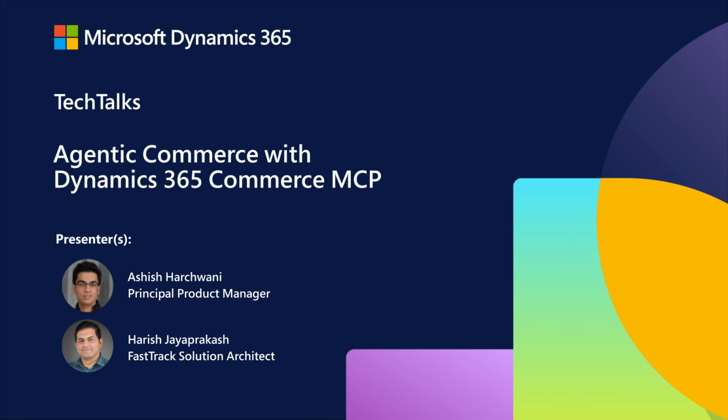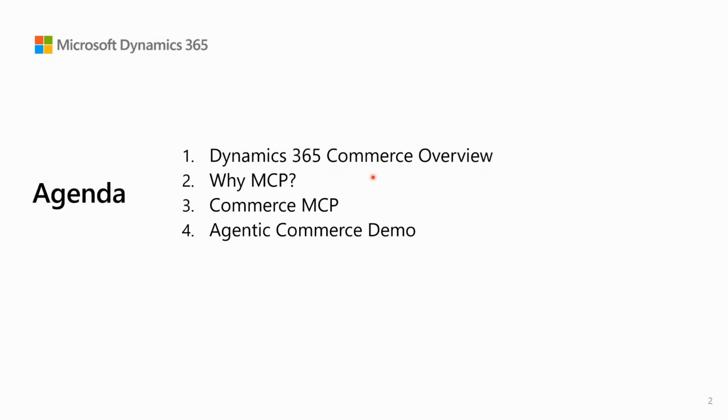Thanks, Harish. Hello, everyone. Today we're going to be talking about how you can unlock agentic commerce with Dynamics 365 Commerce MCP. We'll briefly provide an overview of Dynamics 365 Commerce, then talk about why we are embarking on the journey of MCP.